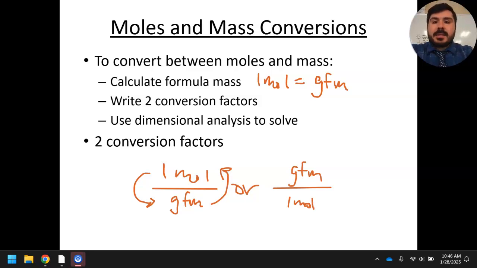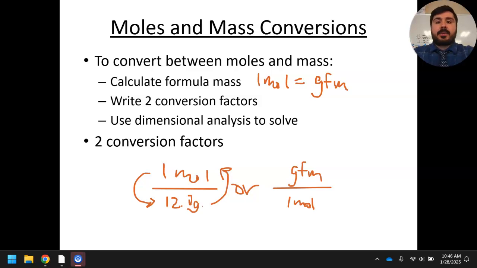And again, of course, this idea of gram formula mass is going to be different based on whatever substance you're dealing with, right? If you're just dealing with one specific substance, maybe just carbon, for example, right? This gram formula mass is not going to just be GFM, right? If we're dealing with just carbon, we go to the periodic table. Carbon tells us we've got 12.0 grams. So this was going to become 12.0 grams.